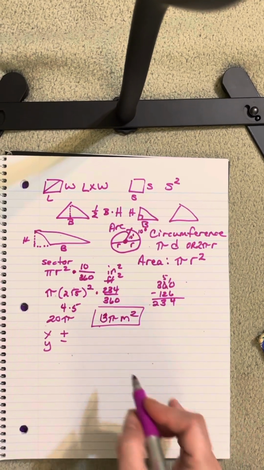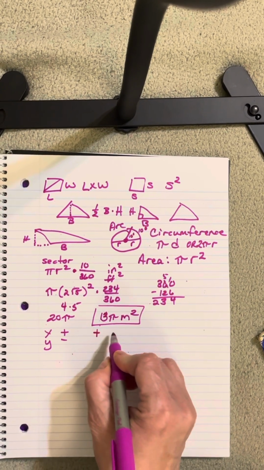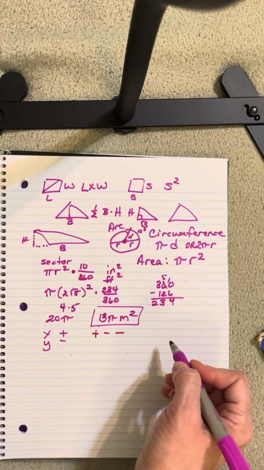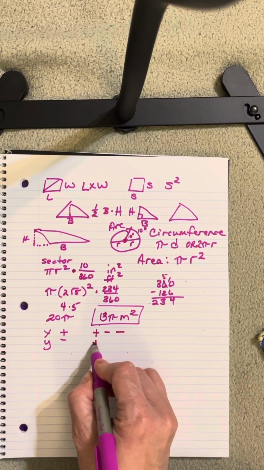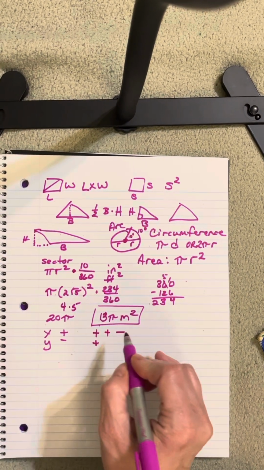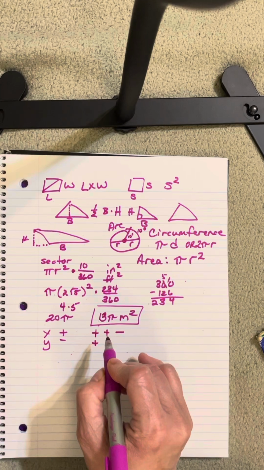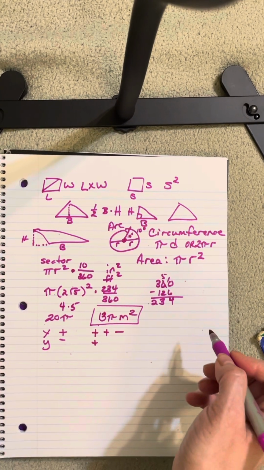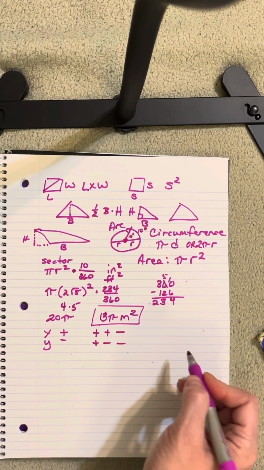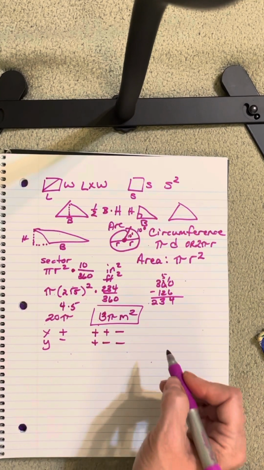Well, let's think our way through that. If I have a positive and I subtract a negative, probably going smaller. If I have a positive and I am, oh wait, I'm sorry, that one was a plus. If I have a positive and I'm adding a negative, I'm probably making it smaller. If I have a positive and I'm subtracting a negative, what happens when I subtract a negative?